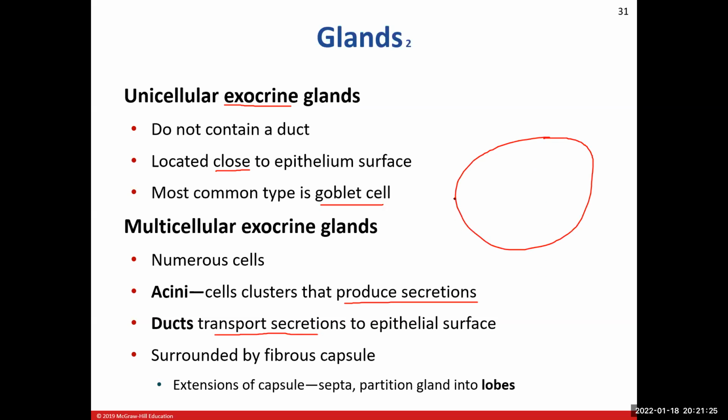Well, there's going to be parts of that fibrous capsule that move inwards to the interior of the gland, and it creates these little sections, and we call those sections lobes. And these things that create those sections are called septa. They're like walls.